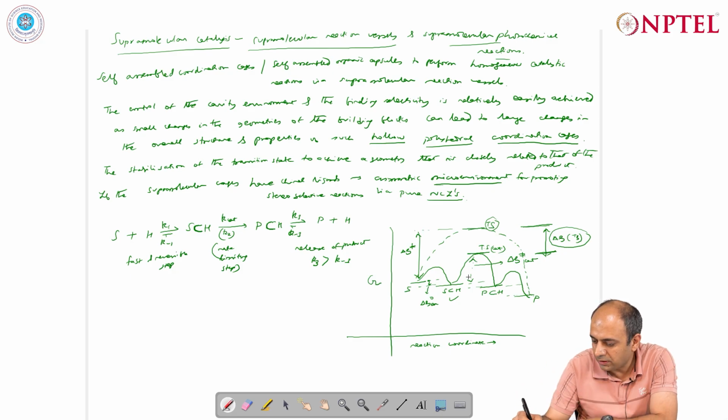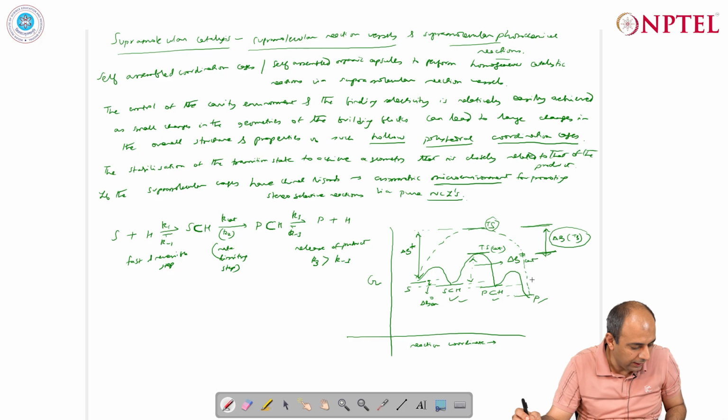The chemical reaction takes place, and then the products are slightly more stable compared to the host with the substrate, and finally leading to the formation of the product. So, it is important to keep in mind that the transition state lowering takes place for a reaction which takes place by the supramolecular cage.